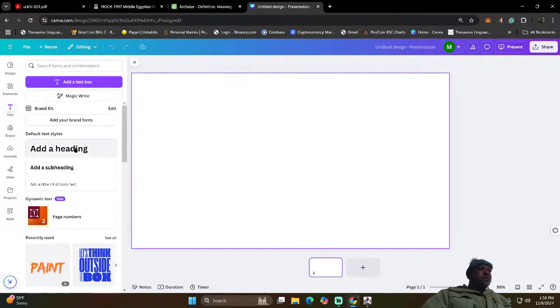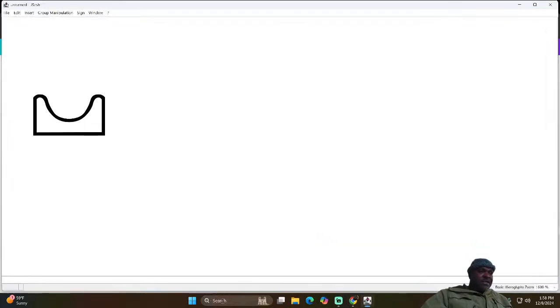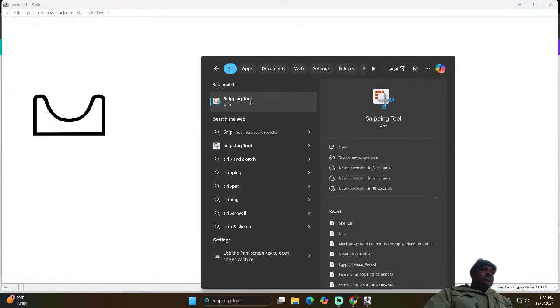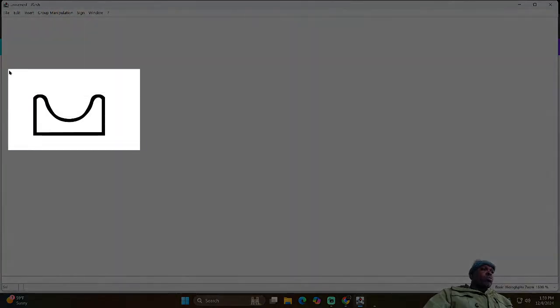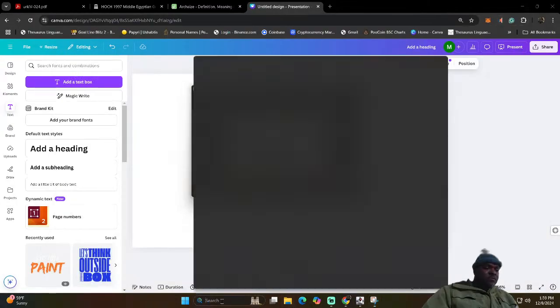Now that mountain, if I snipped it, so now you're going to see how I put together a quick presentation. I'm just going to snip this mountain for y'all, and I'm going to put this mountain inside the camera just so we can see it real quick. Screenshots.